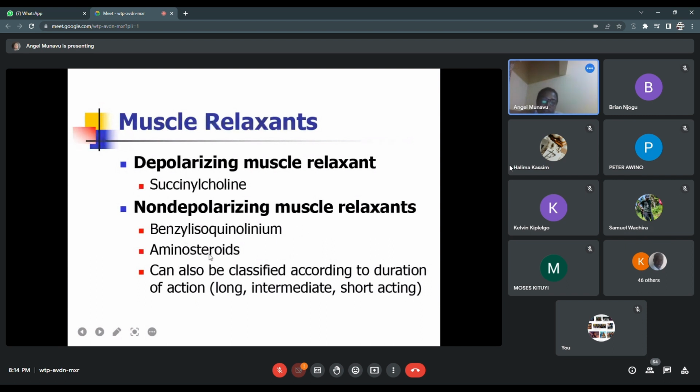These two classes can also be classified in terms of duration of action. So you can have a long acting benzylisoquinolinium, an intermediate acting benzylisoquinolinium, or a short acting aminosteroid. So the drugs in these two classes can be classified as either long acting, intermediate, or short acting.